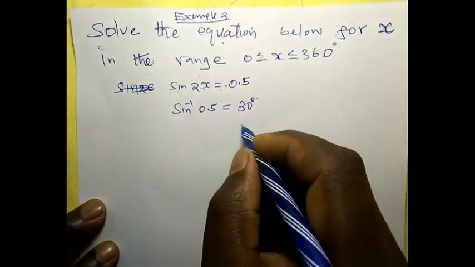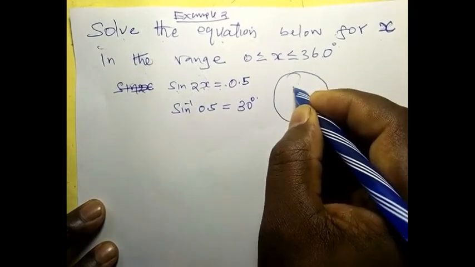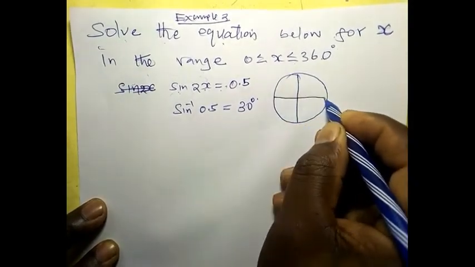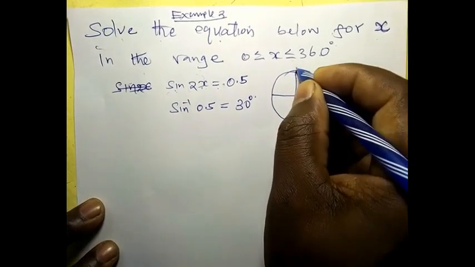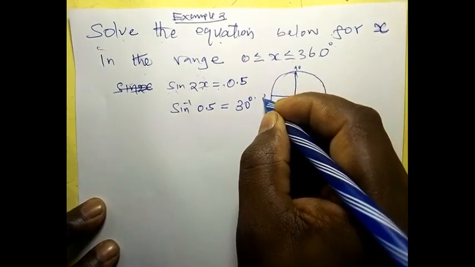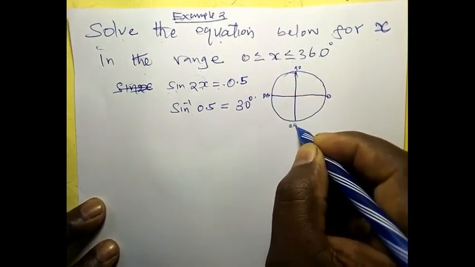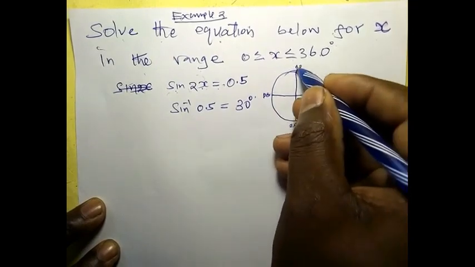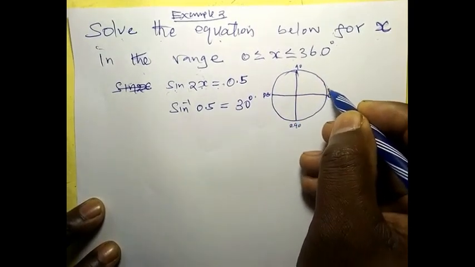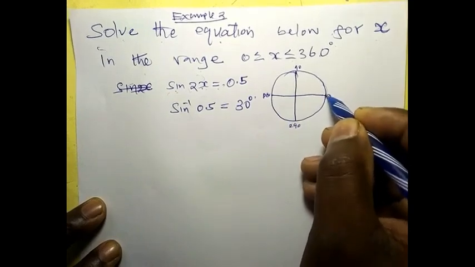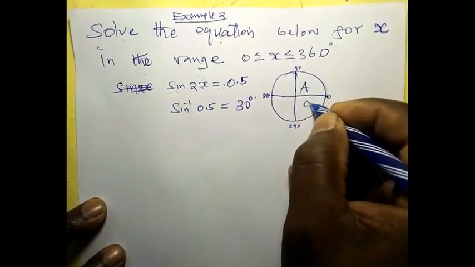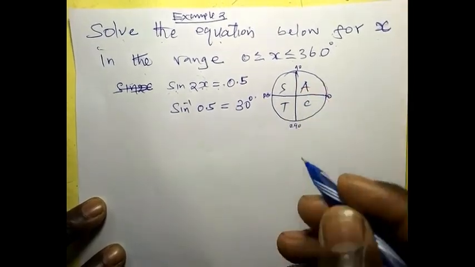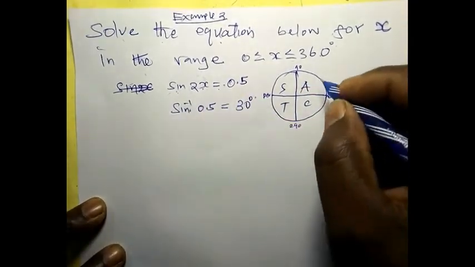Now we draw the unit circle. Once we draw the unit circle, we know here is 0, 90, 180, 270. Once you go one round, that is 360, the second one 720, the third one like that. So the sign is positive.